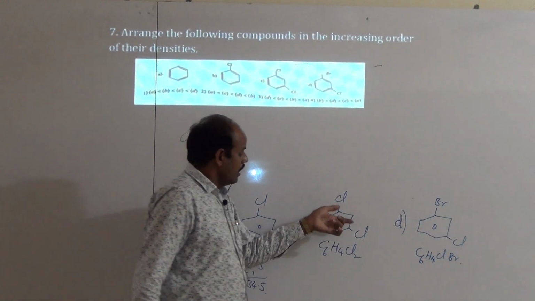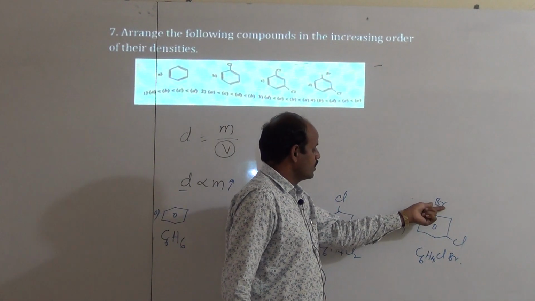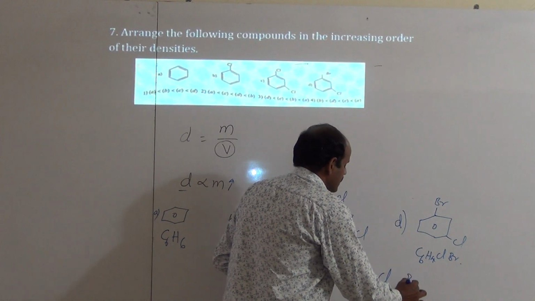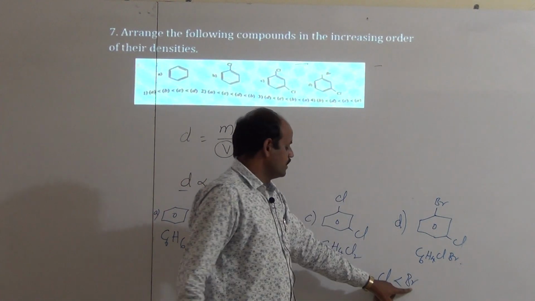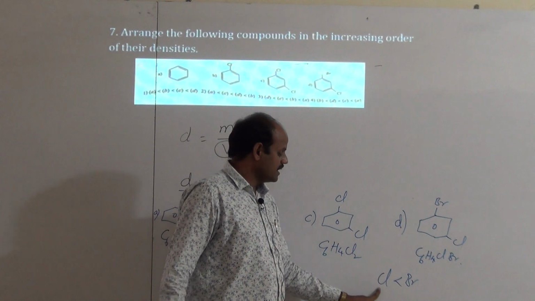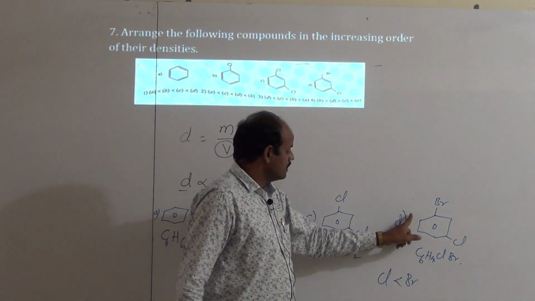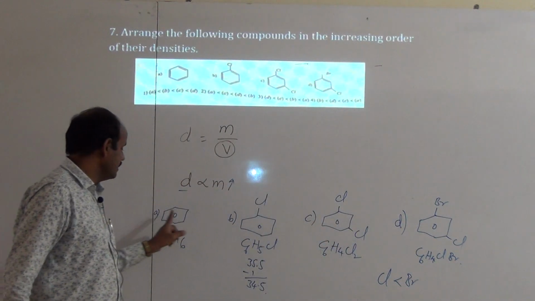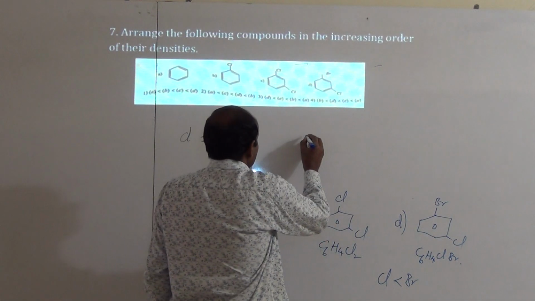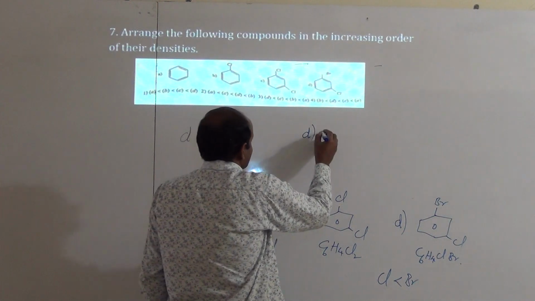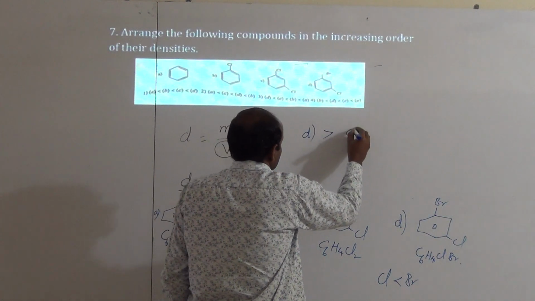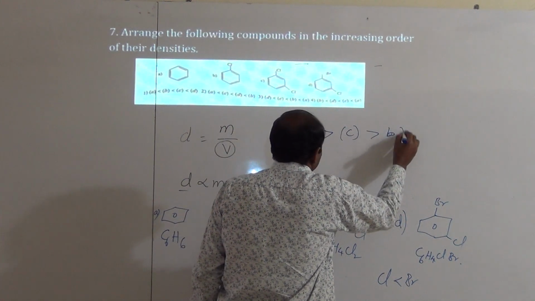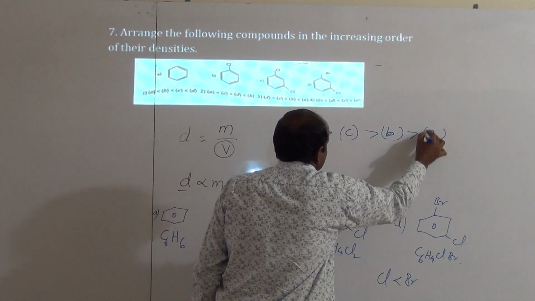And here one bromine is there instead of one Cl. So which one has a greater molecular mass? Bromine, 81, while Cl has 35.5 only. Thus option D has a greater molecular mass than C, option C has a greater molecular mass than B, and option B has a greater molecular mass than A.